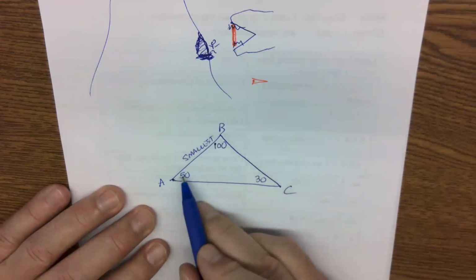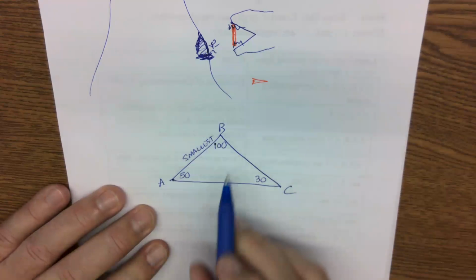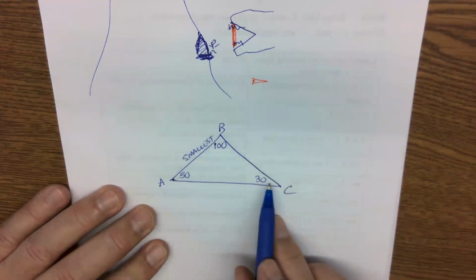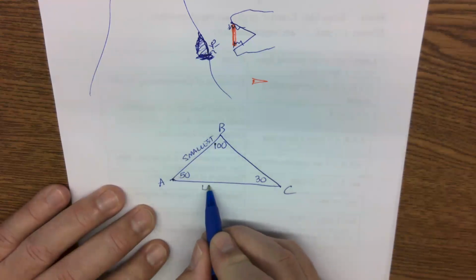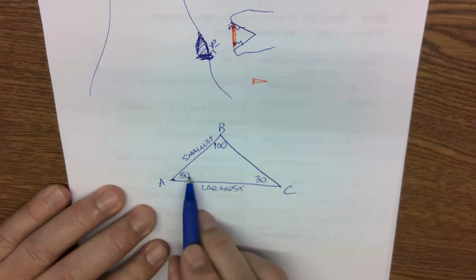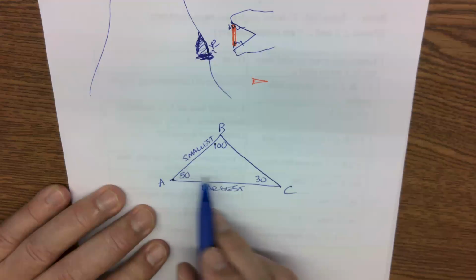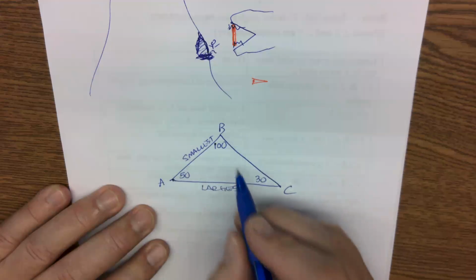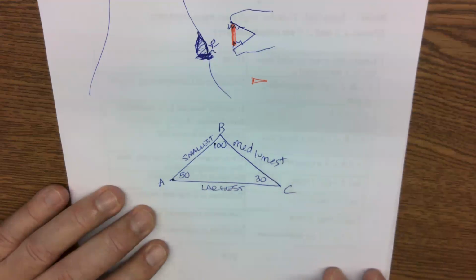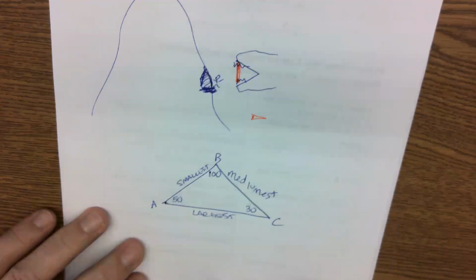In other words, AB is the smallest side of this triangle. And since B is the biggest angle, what do we know about AC? It's the largest side. And if this is the mediumest angle, what do we know about this side? It's the mediumist. Patent pending on that new word.